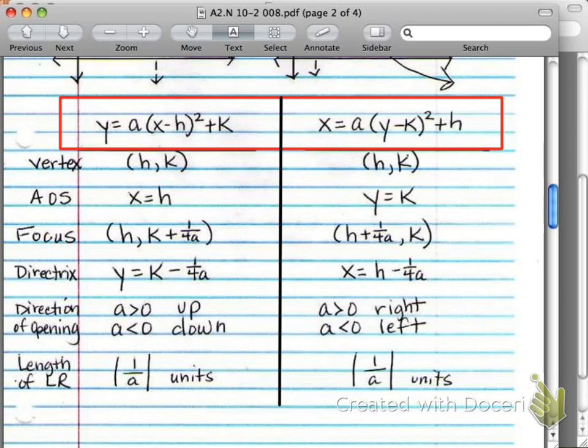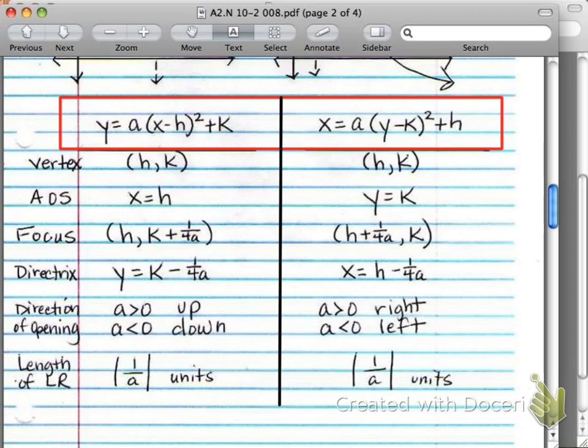What is the difference between this and this? X and Y are flipped. What do we call that? Essentially, they're inverses of one another, which is why instead of up and down, you're opening left and right.